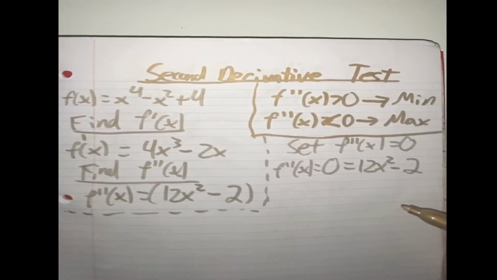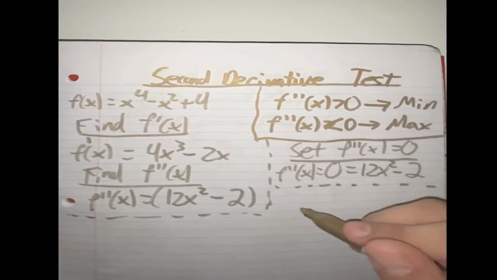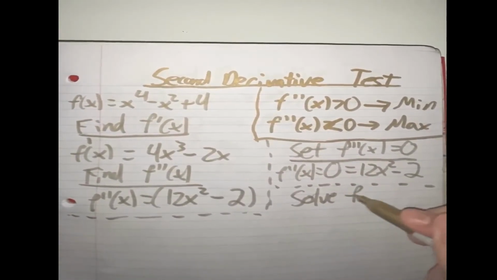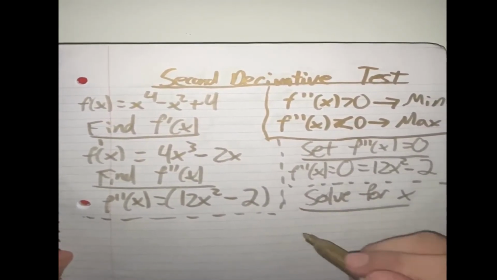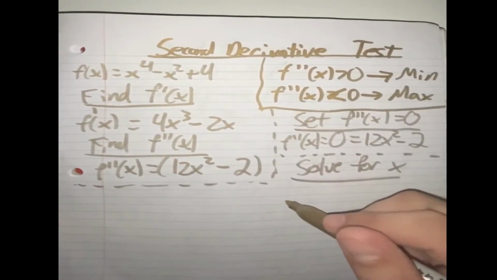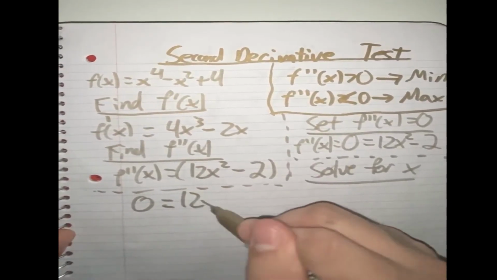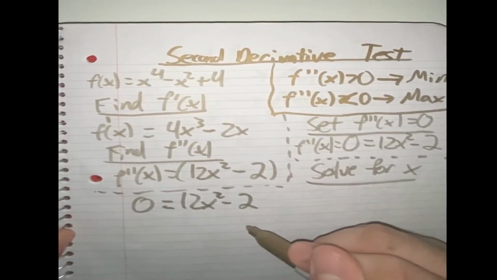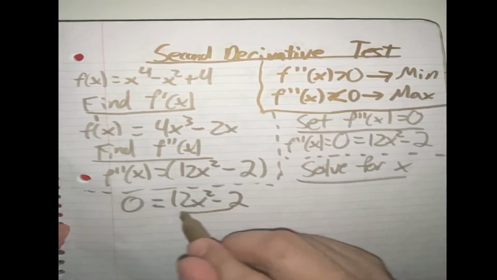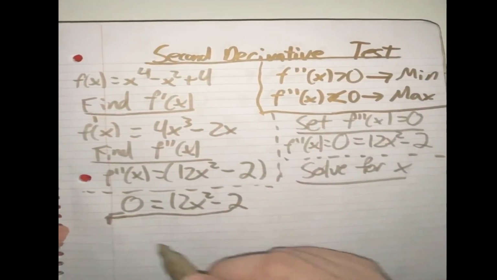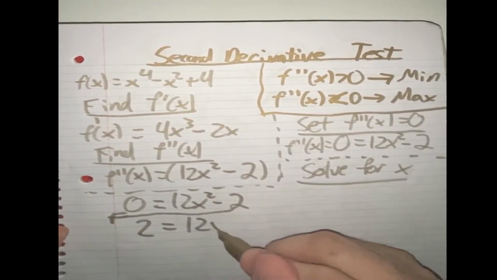And once we set it equal to 0, we are going to solve for x. So right here, since 0 is equal to 12x squared minus 2, we can just set these equal to each other. We're going to move the 2 over, adding 2 to both sides. So 2 is equal to 12x squared.